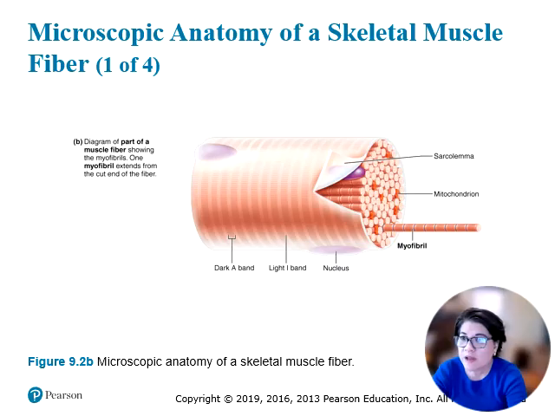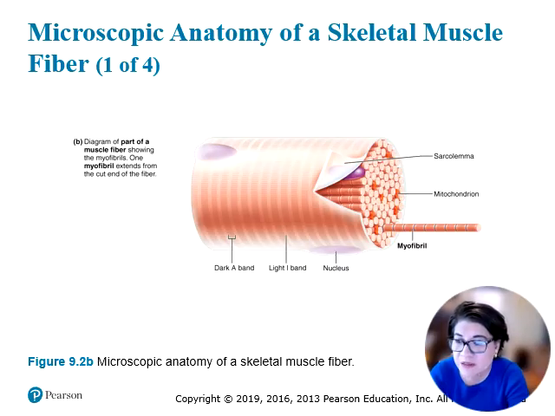So this is one myofibril right here. Muscle cells also have a ton of mitochondria so that they can metabolize that glucose with the oxygen and make ATP. Here is your sarcolemma, which is like your cell membrane, and on the outside would be your endomysium.